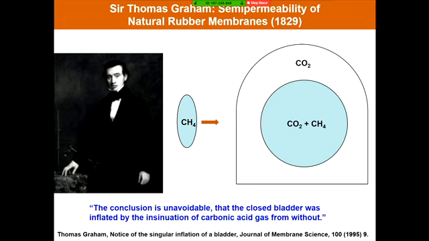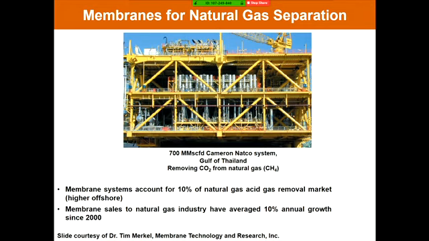And this has gone on in modern times to now become an enormous business in the purification of natural gas. And so this is showing a 700 million standard cubic feet per day natural gas processing facility in the Gulf of Thailand. And the membranes are in these canisters, and CO2 is being removed from the natural gas to upgrade natural gas.